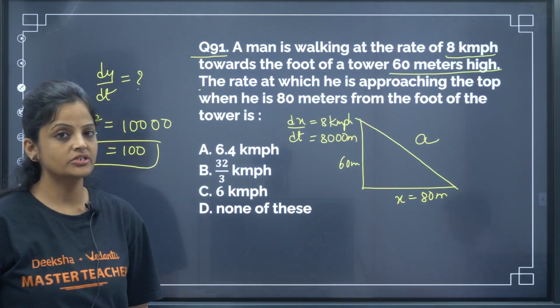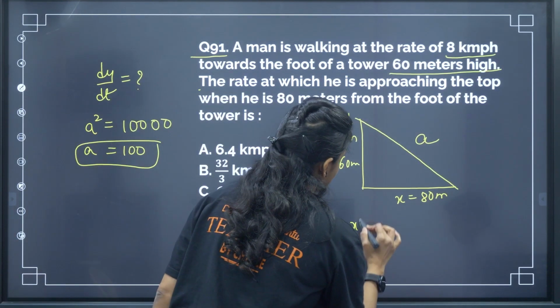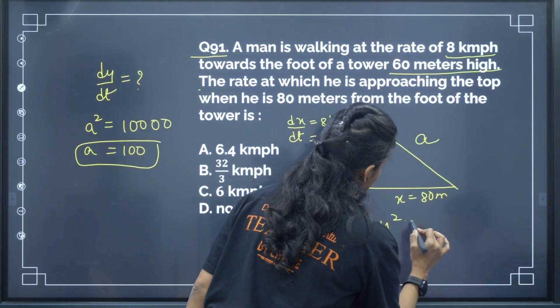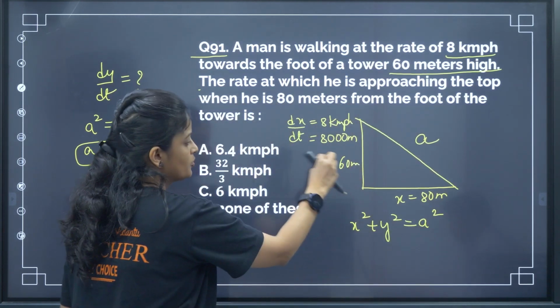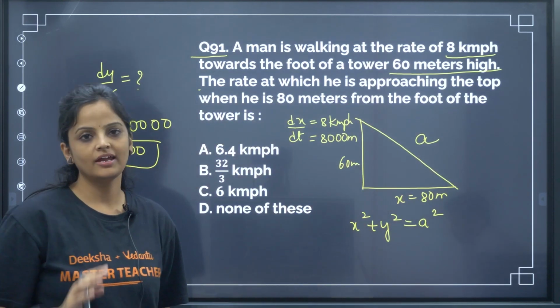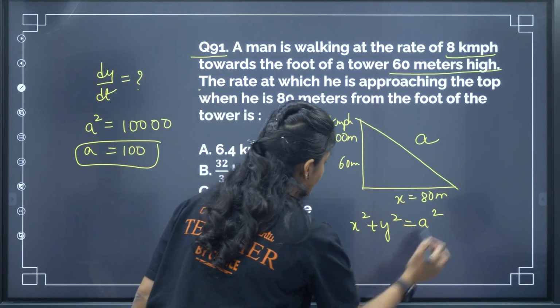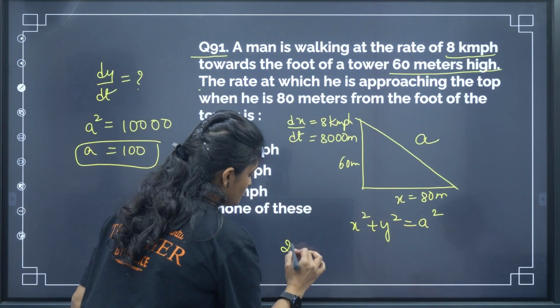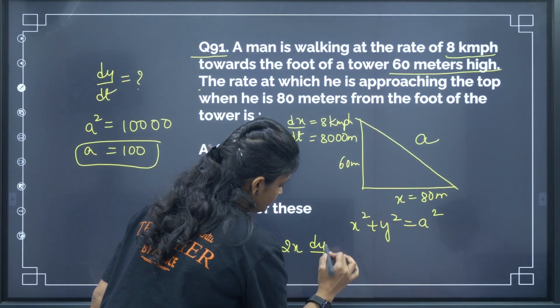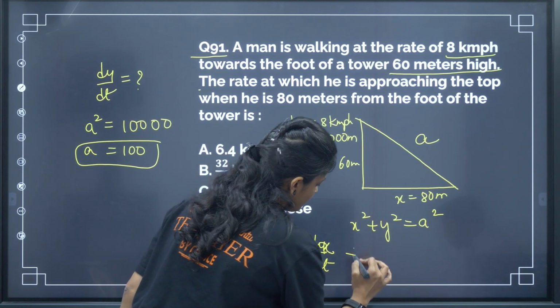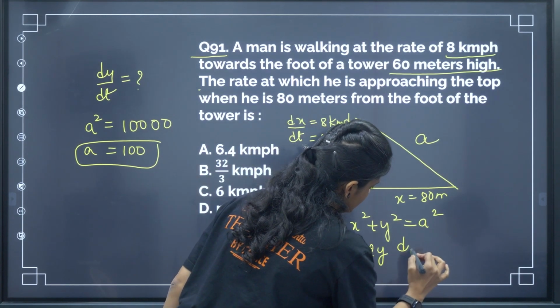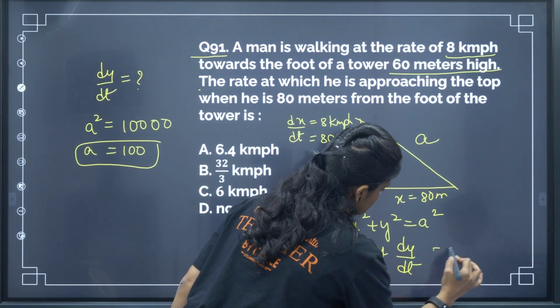And what is the equation we are getting here? x square plus y square is equal to a square. On putting the values in this, I got a value. And if I differentiate this, 2x dx by dt plus 2y dy by dt equal to 0.